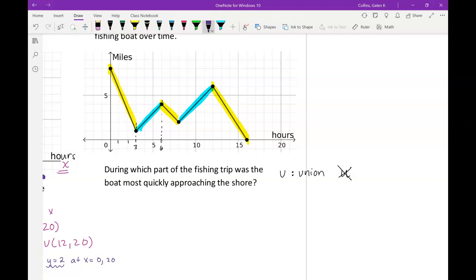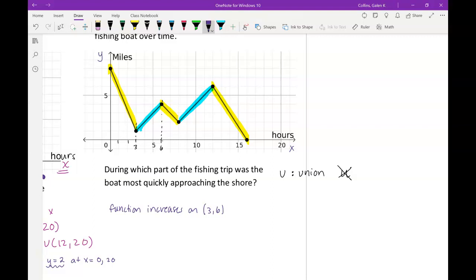So I could say the function, I should leave a little room to answer that question, the function increases on the interval from 3 to 6. So again, with intervals of increase and decrease, we always use parentheses because at x equals 3 and at x equals 6, the function's neither increasing nor decreasing at that moment.